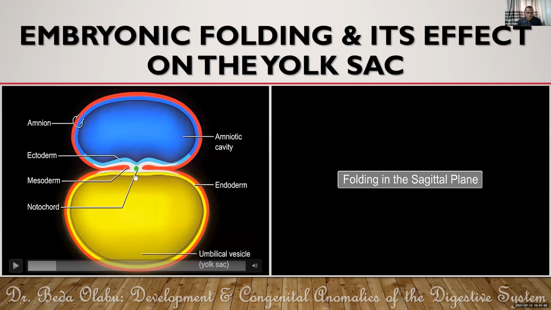The green is the notochord, which induces the process of neurulation, which occurs on the ectoderm. Also, note that the cavity next to the ectoderm side is the amniotic cavity, and the cavity next to the endoderm is the yolk sac cavity, also called the umbilical vesicle.